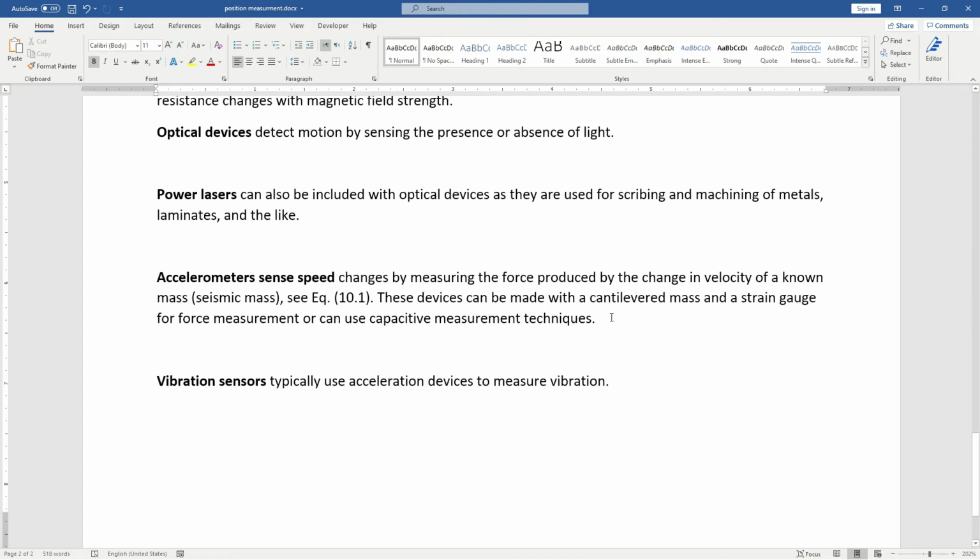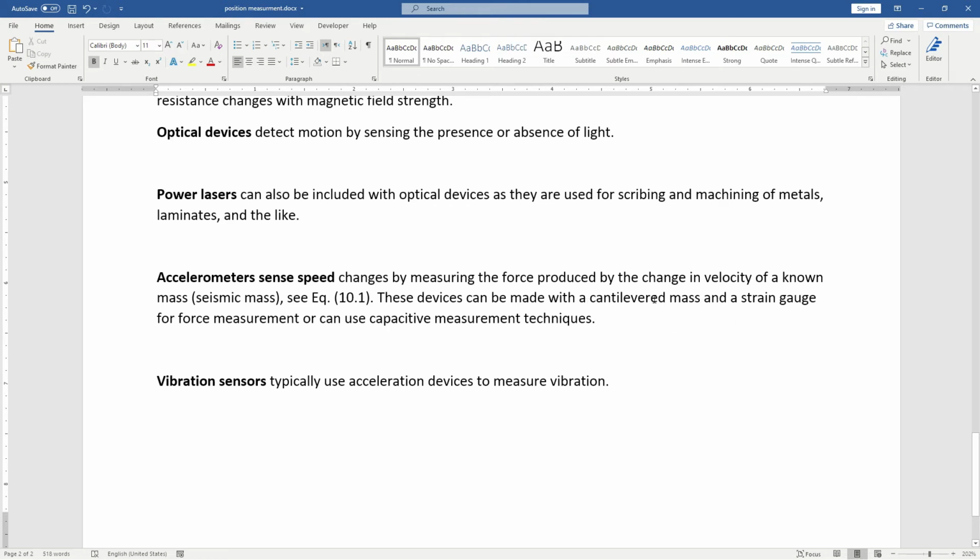This device can be made with a cantilever mass and strain gauge to give us the change in the acceleration. Different techniques, either capacitive measurement or strain gauge measurement. So I will connect this seismic mass to the strain gauge or to a capacitive measurement technique.